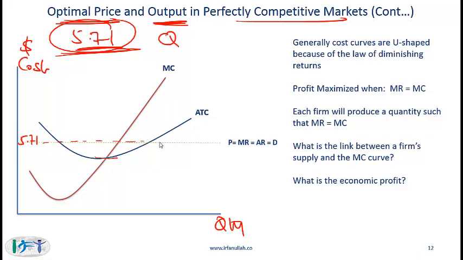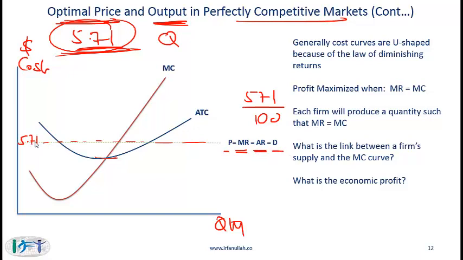Now this particular price is also our marginal revenue, because every additional orange that we sell, we will be selling for 5.71. This is also our average revenue, because if we sell 100 oranges, we will be selling the 100 oranges for 571. 571 over 100 would give us 5.71. So our price is the same as marginal revenue, is the same as average revenue, and this is also our demand curve.